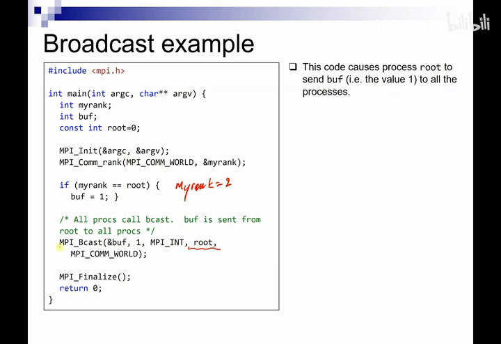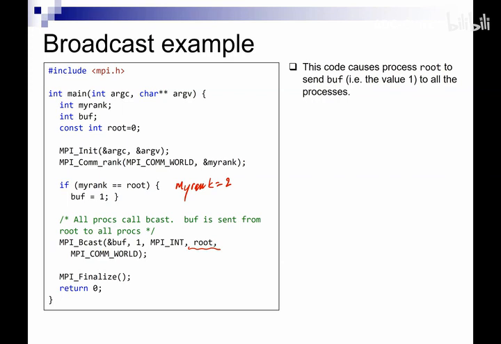Even though all the processes are calling the same function, they do different things depending on whether they're the root or not. If they're the root, then when they call this MPI broadcast, they're actually going to do the broadcast.